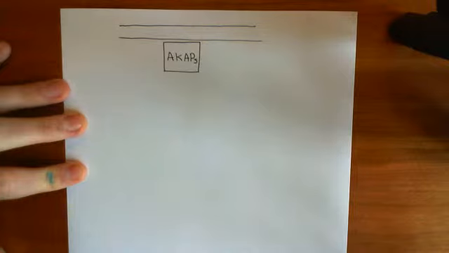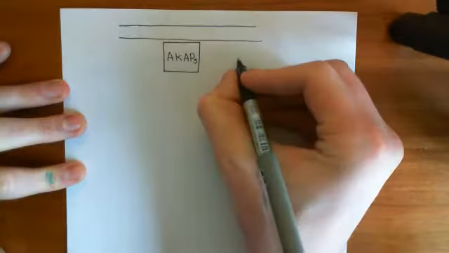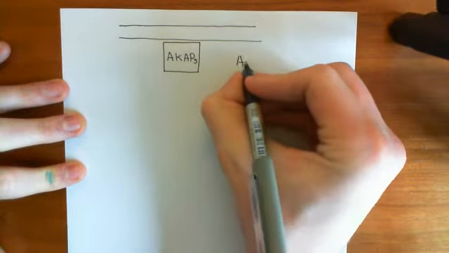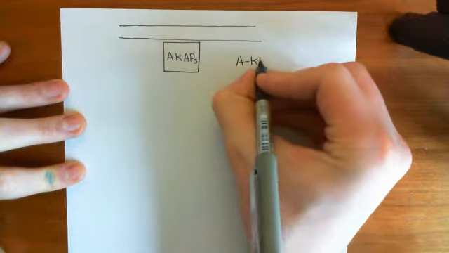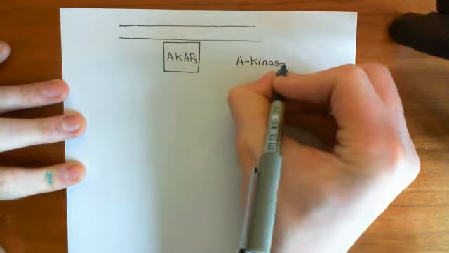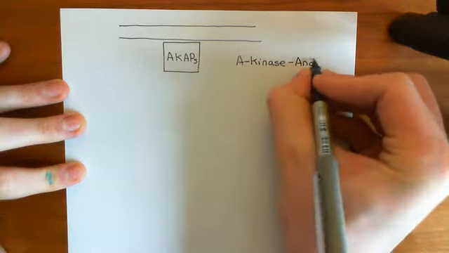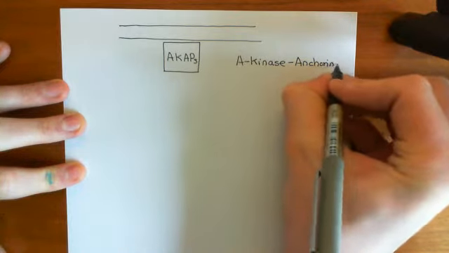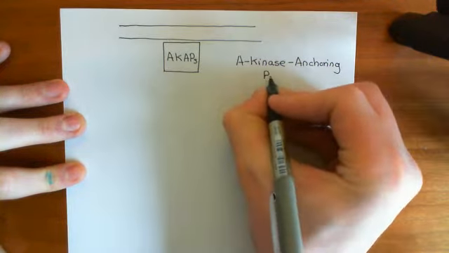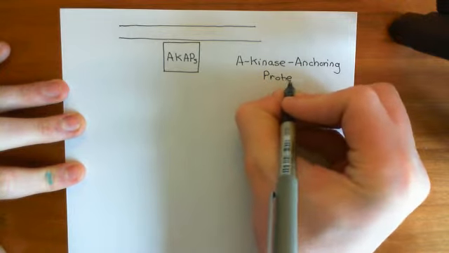There are a huge number of different ACAPs that have been characterized, okay? But for our purposes, we'll just keep them in full generality, okay? And ACAP stands for A kinase, referring to protein kinase A. And then the second A stands for anchoring, and then the P for protein. So the ACAPs are the A kinase anchoring proteins.